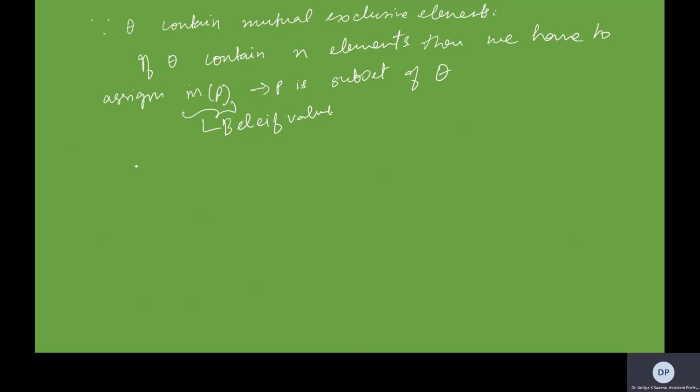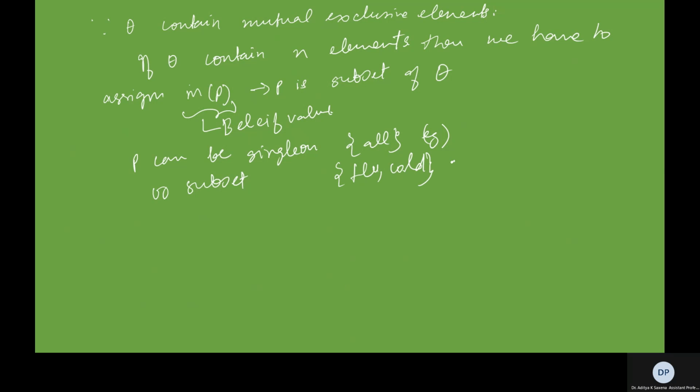P can be a singleton, containing only one element like allergy, for example, or a subset like flu and cold. So what values can P take?